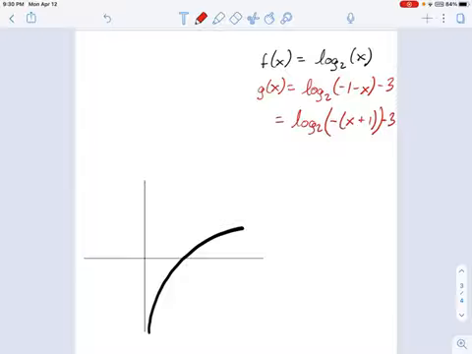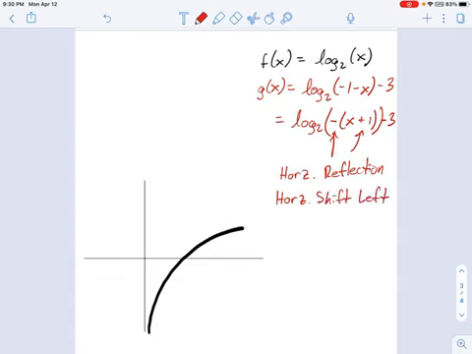And the reason it's better in this form right here is you can see we've got a negative, or a horizontal reflection going on with that negative sign. And you can also see that +1 right there. That shift is a +1. That means it's a horizontal shift left. Whereas in the original equation over here, see that -1?